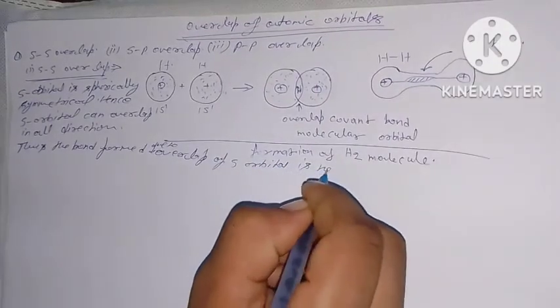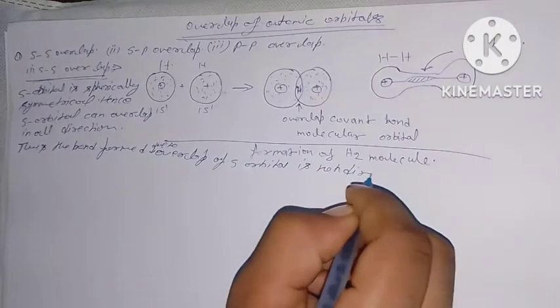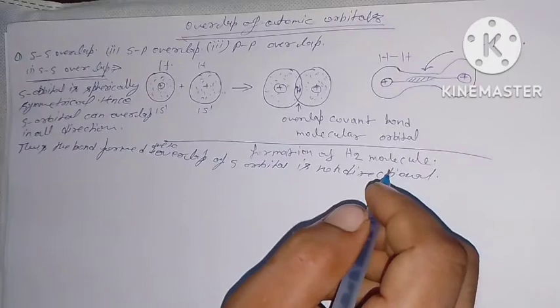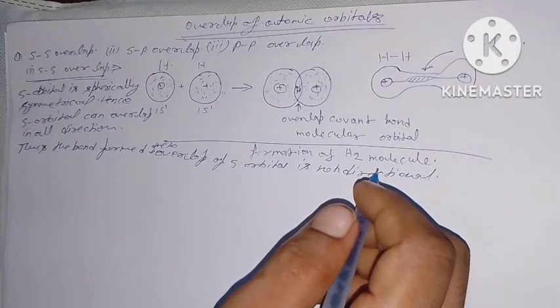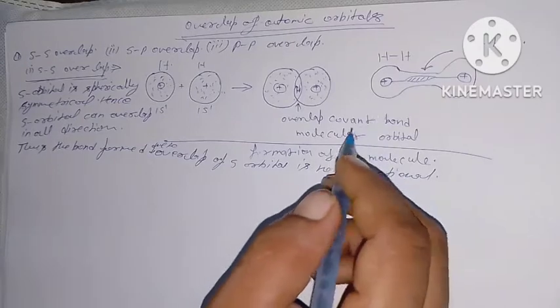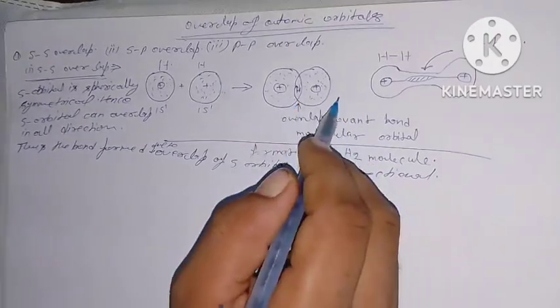Formation of the H2 molecule is an example of S overlapping.